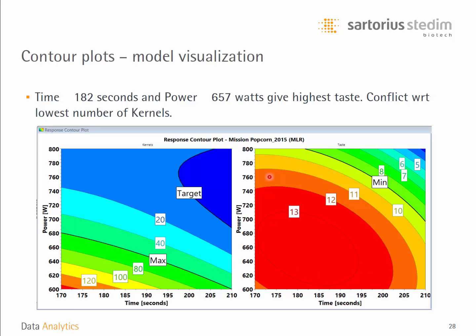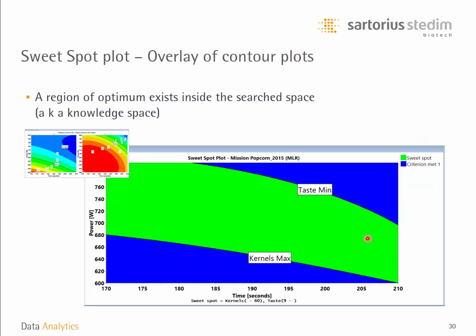In the MODDE software, we can then combine these two contour plots, and instead of color coding according to the predicted levels of the responses, we color code according to how many specifications of the responses are fulfilled. And if there is a region in this so-called sweet spot plot, which is then an overlay of the contour plots, where we have a green color, then we know we have a sweet spot, because then both specifications are met.